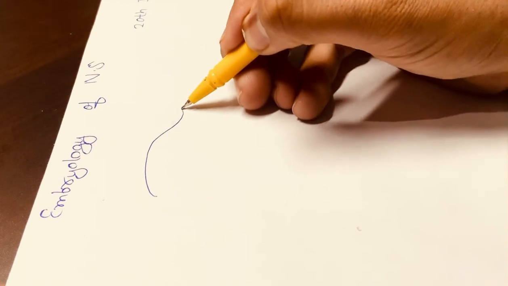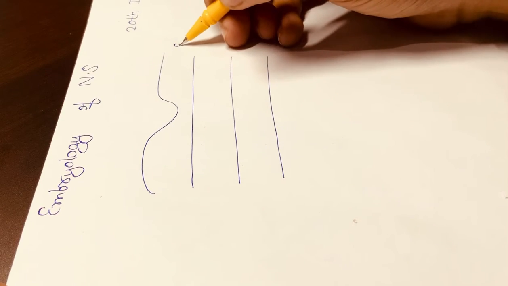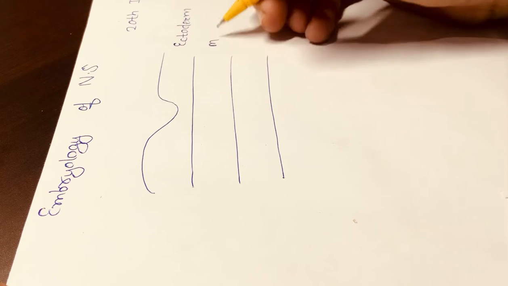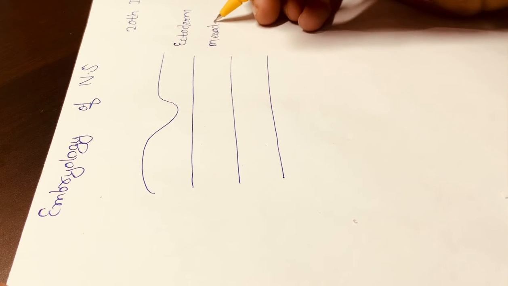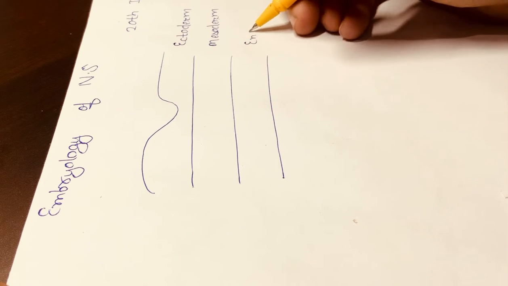So when an embryo reaches the 20th day of intrauterine life, there you can see 3 germinal layers, 1, 2 and 3. The uppermost is known as ectoderm, the middle one is known as mesoderm, and the innermost one is known as endoderm.